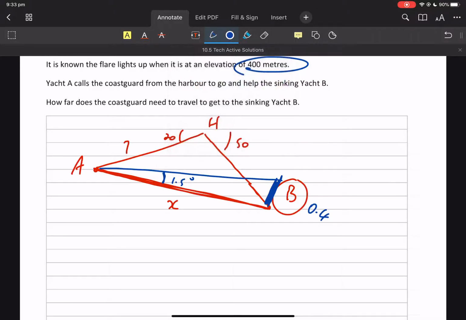From this blue triangle, I guess I can go tan equals O on this unknown. Calculator city. 15.28. That'll do.